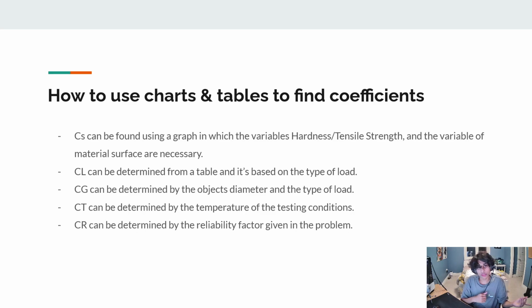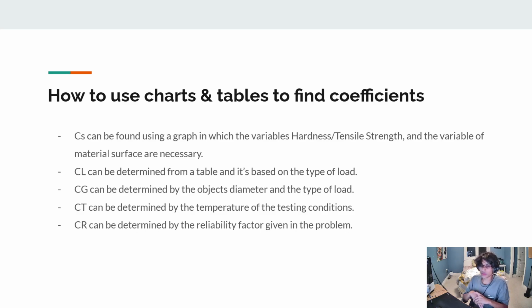And next up we have our CL, and the CL can be determined from a table, and it's based on the type of load. For the S-N curves, we have three major types of loads. We have bending loads, axial loads, and torsional loads. So based on that load, you're going to get a different value for CL. However, bending and axial do have the same value, so that's something to keep in mind.